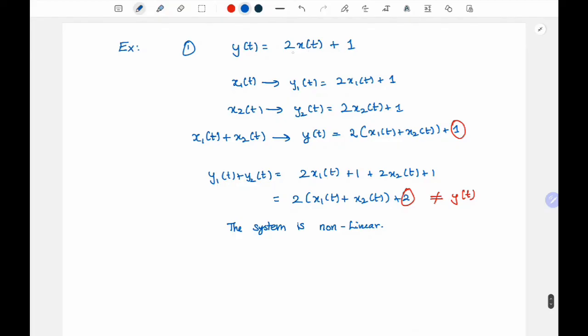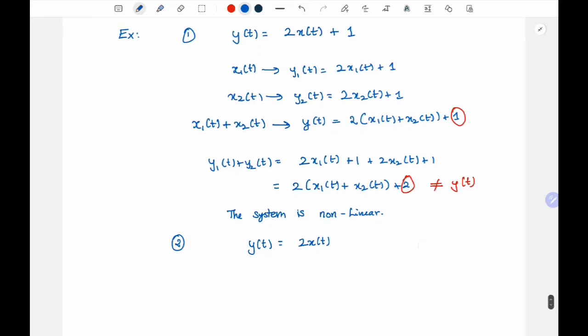So even though it is like a linear relation, when you see it as a function, you actually should not have any constants, right? Because of this constant only, we are getting this difference of 1 and 2. Suppose if we took y of t equal to just 2x of t, then this constant wouldn't have appeared. So this system is perfectly linear. It is a linear system.